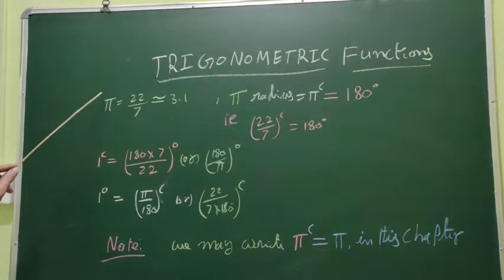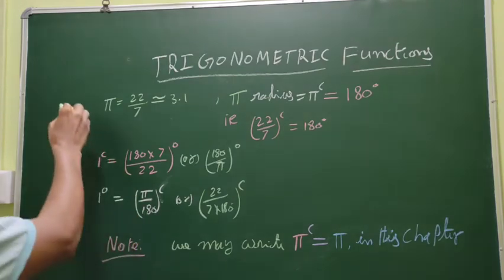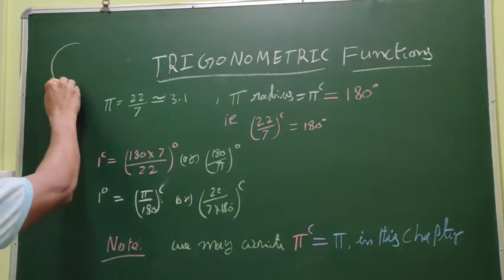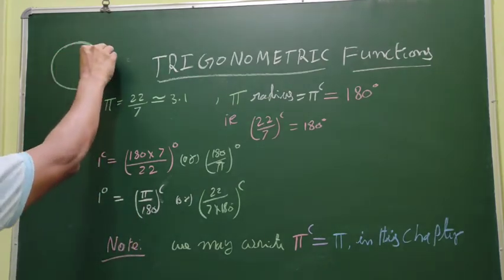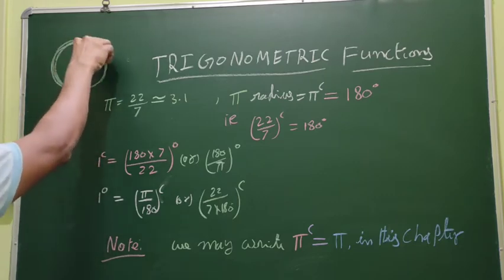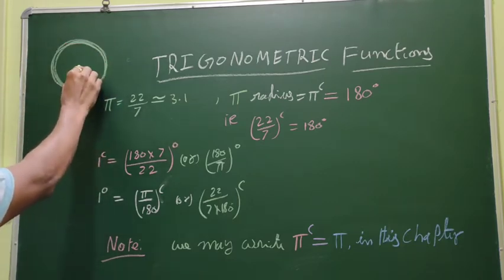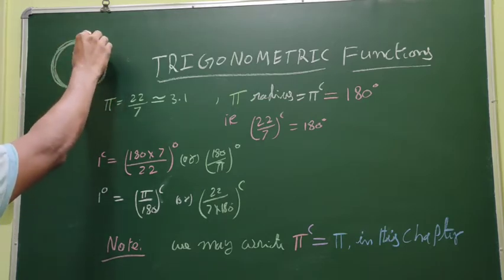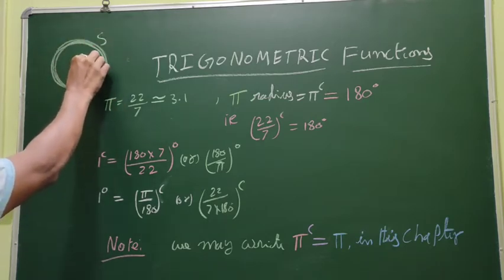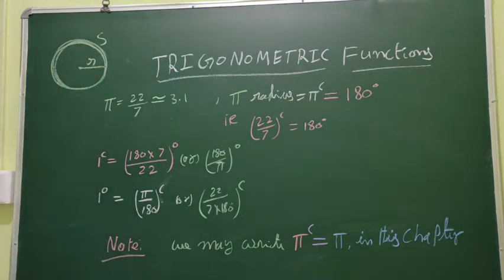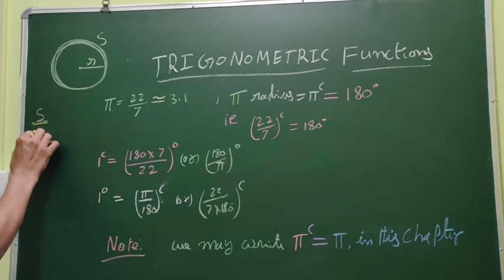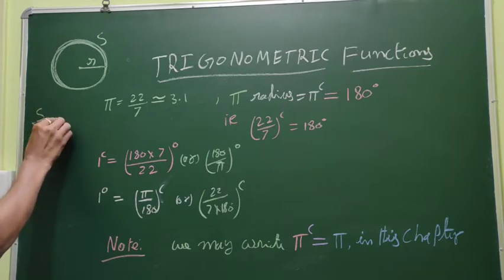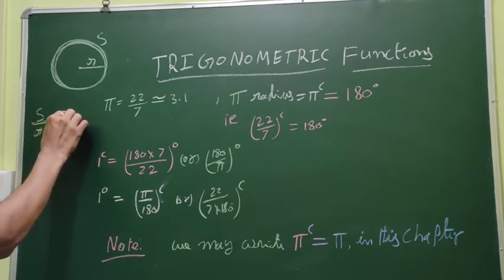What is pi? Draw a circle. This overall length and the radius: suppose the total length is S and the radius is R. The ratio of S by R is equal to pi.